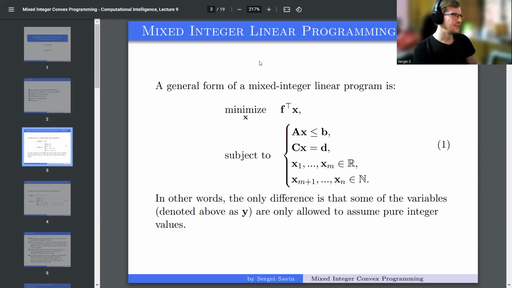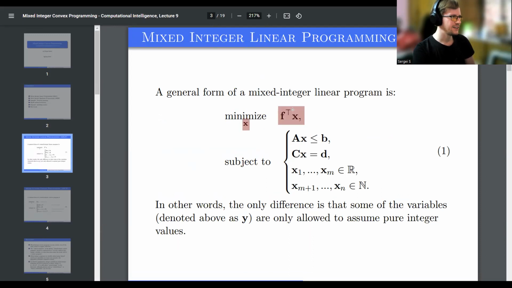Let's look at the general form of what mixed integer is. Mixed integer is a problem with, let's say, linear cost, decision variable x, inequality constraints, equality constraints. So this is a general form.